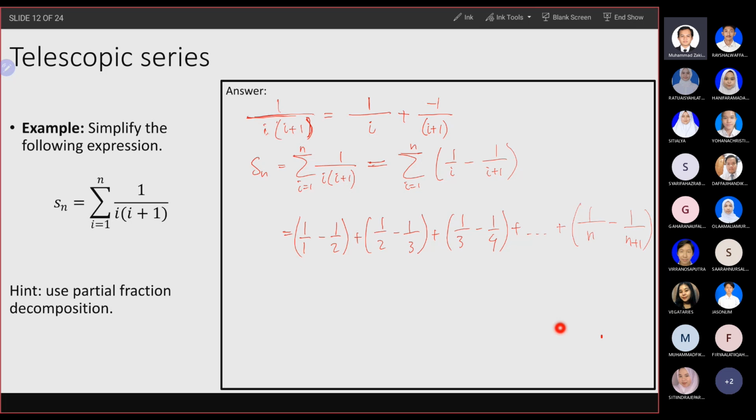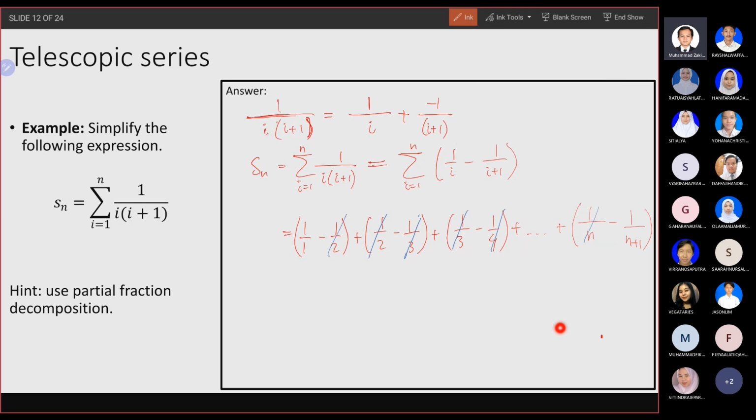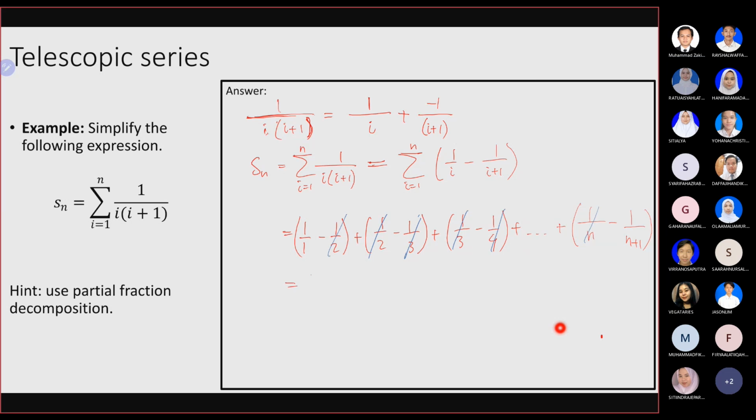So we see here that we have minus half plus half. We can eliminate it, and minus 1/3 plus 1/3 again, and so on. We can eliminate all of this. So in the end, what we get is 1 minus 1 over n plus 1, which is equal to n over n plus 1.